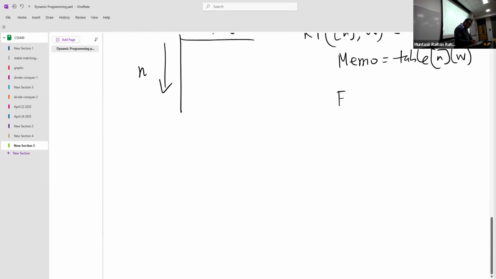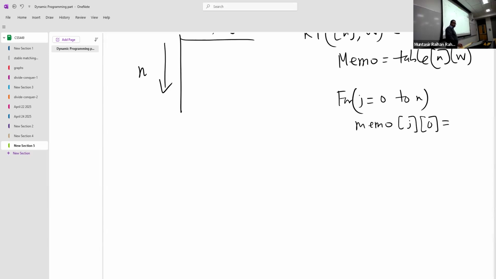How do we initialize? For j equal to 0 to n, memo j and 0. 0 means that there is no weight available, so the solution with 0 weight and whatever number of items you want to pick is, well, what memo j0 represents is that if you try to pick j items and you have 0 weight left, then how much value do you get?